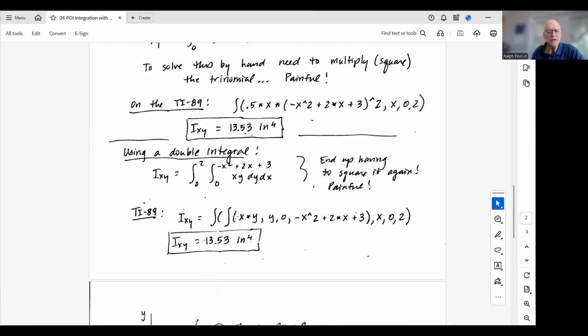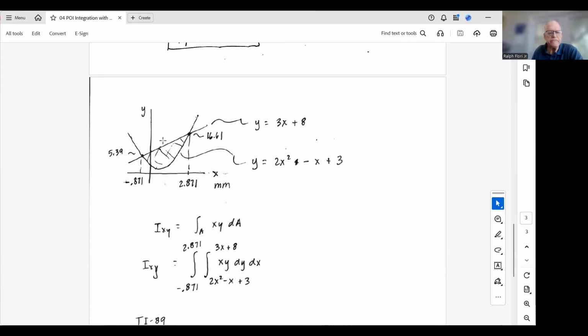So as a double integral, x times y, y from 0 to our function, close the parenthesis, and then x from 0 to 2. And you get Ixy is 13.5 inches to the fourth. So again, it's just a harder function to deal with, so take advantage of your calculator. Be sure to learn how to use your calculator to do these.